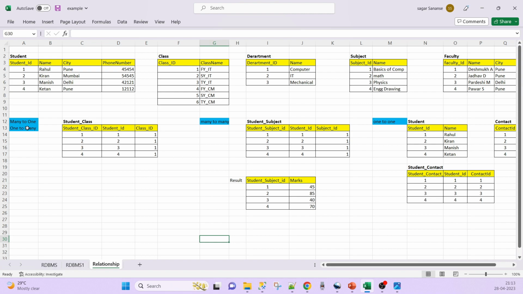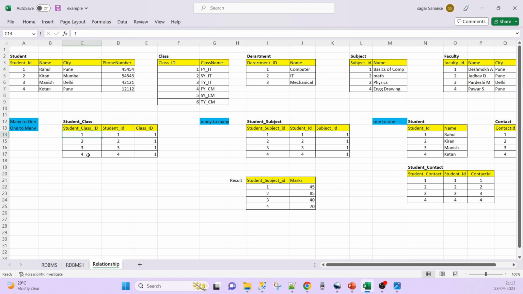So, many to one and one to many. Suppose student and class: there are student IDs 1, 2, 3, 4, meaning Rahul, Kiran, Manish and Ketan. These four students belong to which class? The first one, first year IT.